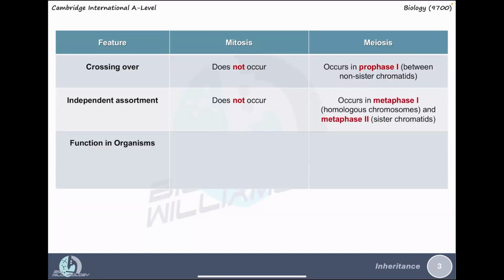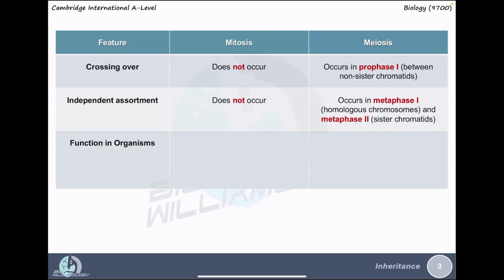Independent assortment of homologous chromosomes does not take place during mitosis. However, independent assortment takes place during metaphase 1 as well as metaphase 2. In metaphase 1, homologous chromosomes align at the metaphase plate. Therefore, independent assortment of homologous chromosomes takes place during metaphase 1. And we do know that due to crossing over, sister chromatids are no longer identical.